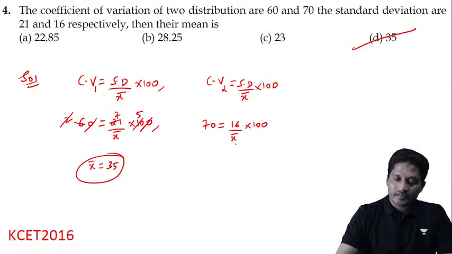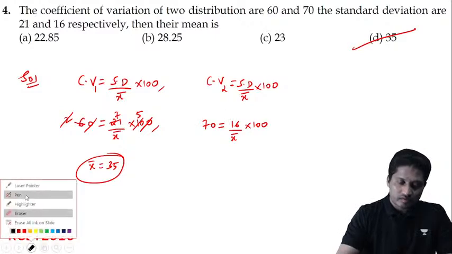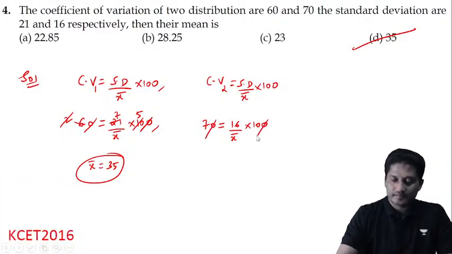Right, now if I simplify this, suppose 35. Okay, so this is equal to, will cancel. Right, further you can't simplify. I'll write x bar is equal to 16 by 7 into 10.